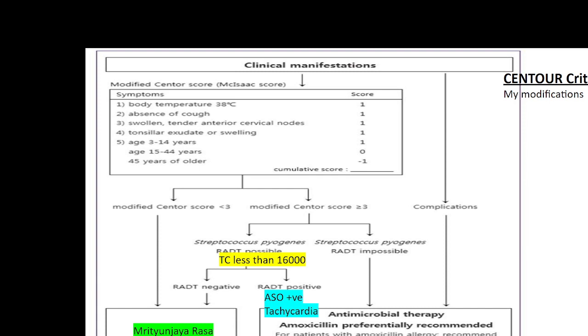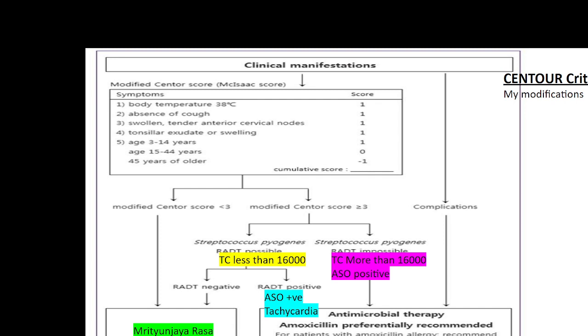But if the patient is ASO positive in terms of that age and the relationship of the ASO level, and the patient also has tachycardia, antimicrobial therapy may be required. A short course of either penicillin or amoxicillin may be required. So, antibiotics would be required if the total count is more than 16,000 and ASO positive. Only in such conditions would antibiotics be required. Otherwise, antibiotics are not necessary.